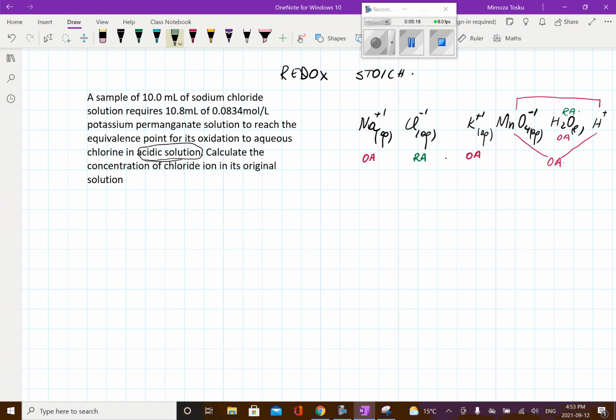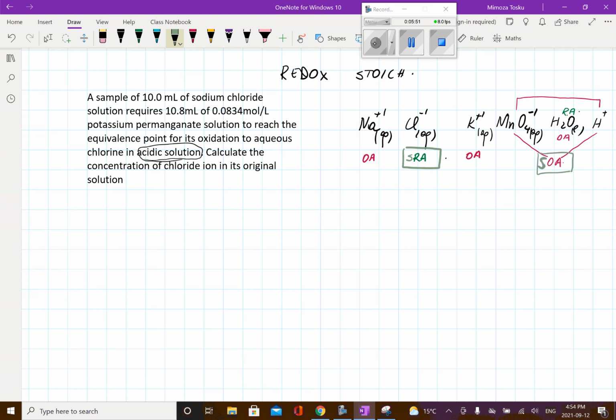As you notice, permanganate and hydrogen are at the top, so this becomes the strongest oxidizing agent. And when we take a look at chloride and water, we notice that chloride is at the bottom, which means that it is the strongest reducing agent.